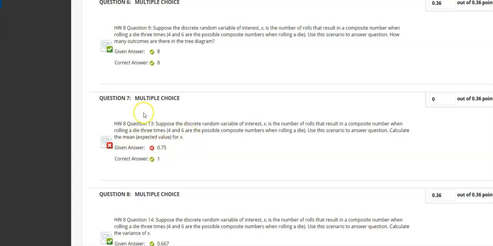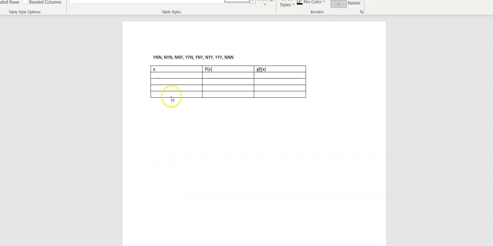Okay, so let's take this to a sheet of paper and let's work this out. Let's remember 4 and 6 are composite numbers. Okay, so first I have to figure out what my sample space looks like, and we have to list that out. So let's notice that what I did was say, okay, what if I just get the composite numbers 4 or 6 on the first die or on one of the die? Well, here I put yes and then not on the other 2 die rolls.